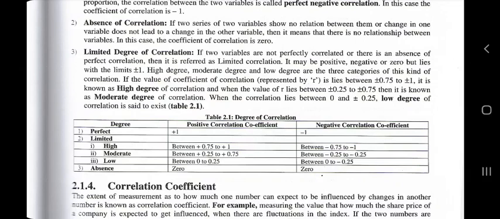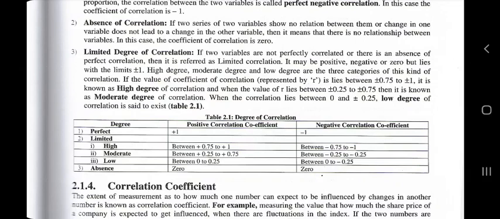In the positive correlation coefficient, if it is high, then it should be between +0.75 to +1, and moderate means 0.25 to 0.75, and if it is low, then it should be between 0 to 0.25. It should be above 0, because if it is 0, then it will be the absence of correlation. Now see the column of negative correlation coefficient.